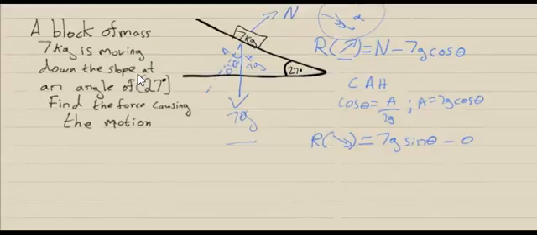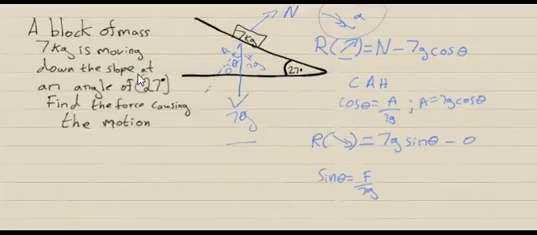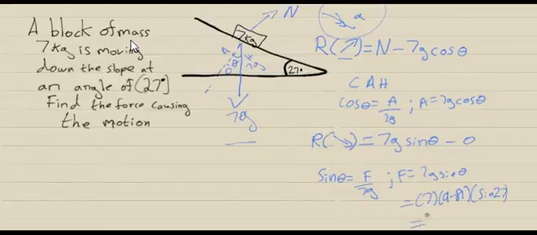And again, from the idea that sine theta would equal F over 7g, that means F equals 7g sine theta, which would then equal 7 multiplied by g, which is 9.81, times sine 27. That would give you 31.2 newtons, to 3 significant figures. Or in SI units, 31.2 kilograms meters per second squared.